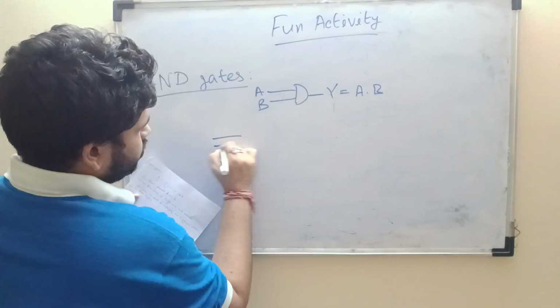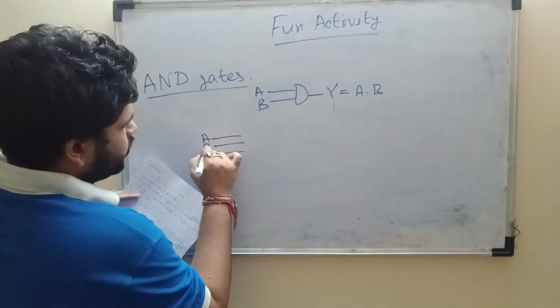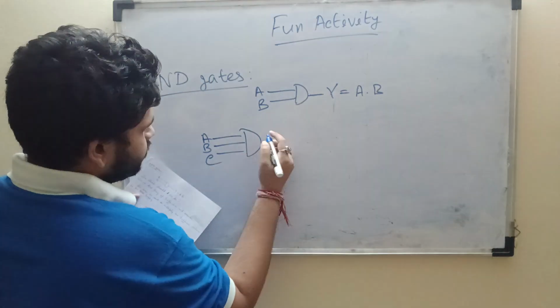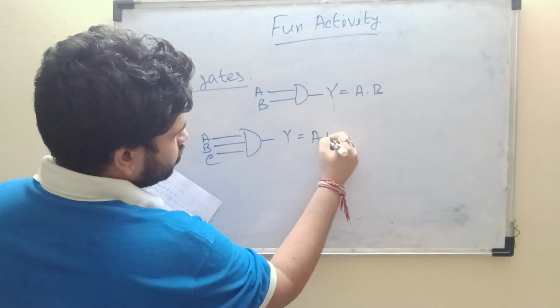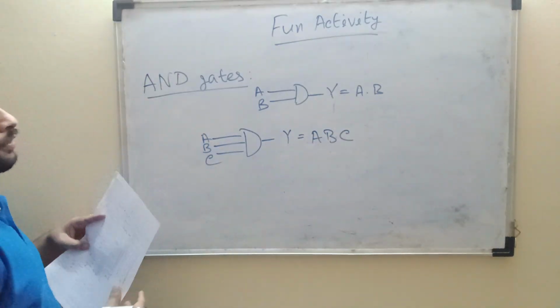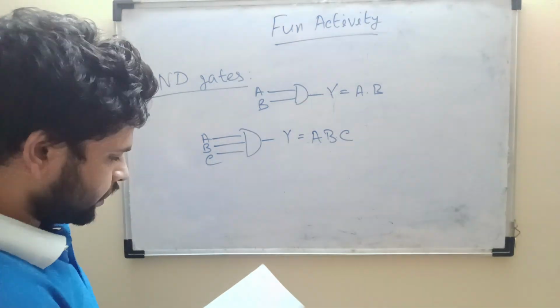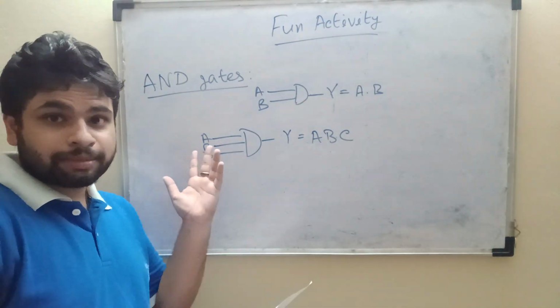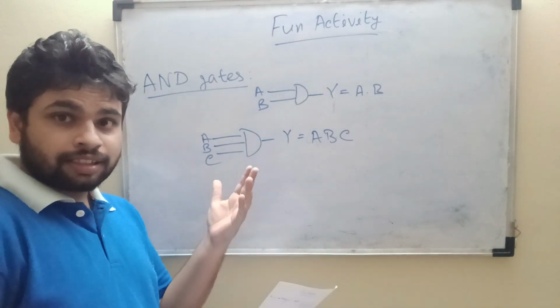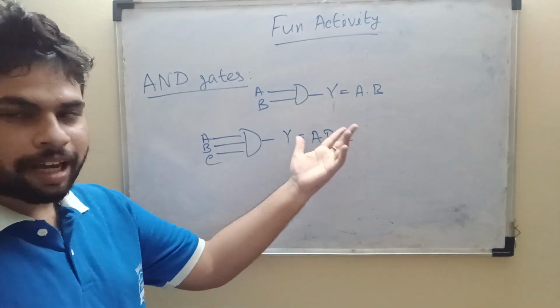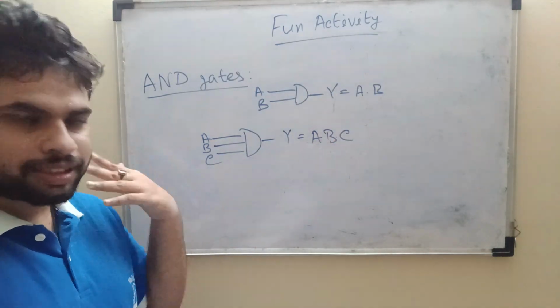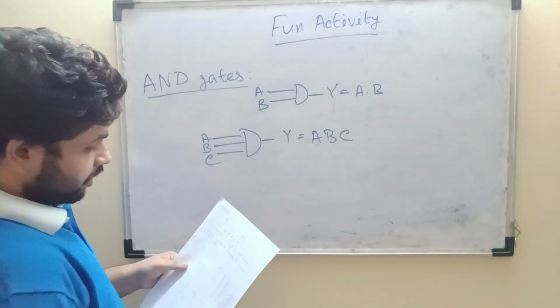Let's see three inputs A, B and C, three friends, and the gate output will be Y. If these three friends are all happy in college or the same institution, in school life or early college life, they are all happy, so they have multiplied happiness with all their happiness.